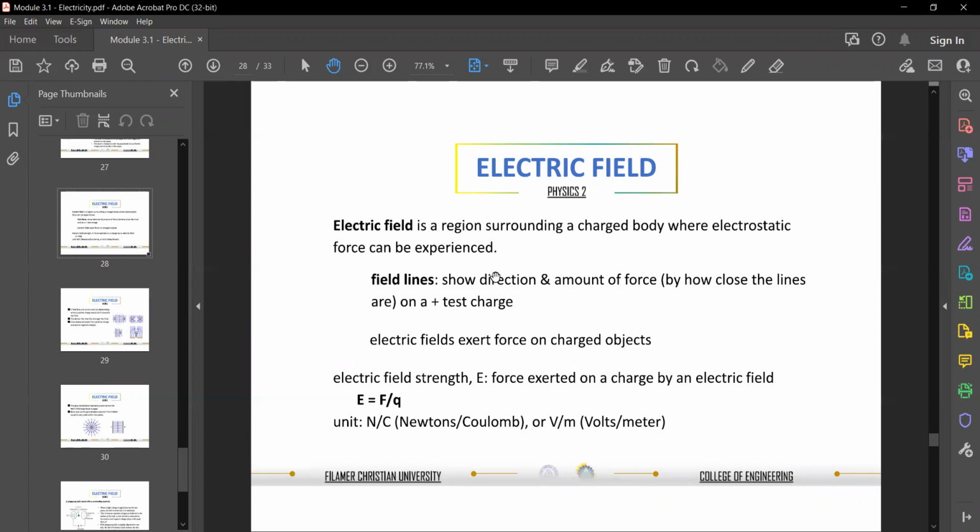For electric field strength, the formula is E equals F over Q, where F is the force exerted on a charge and Q is the charge. The unit is newton per coulomb, or volts per meter.